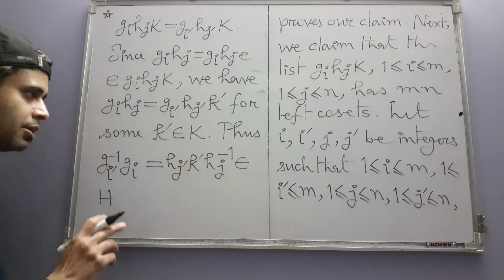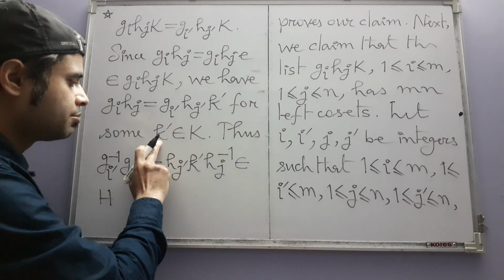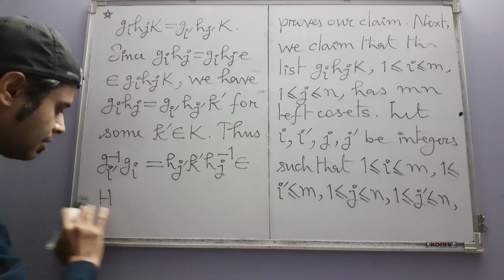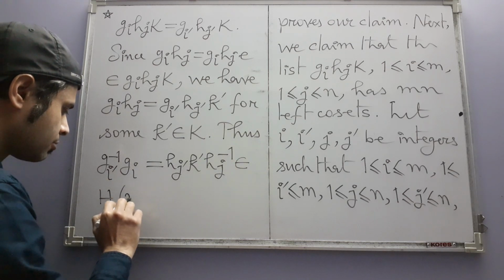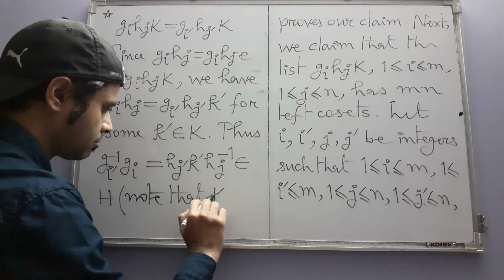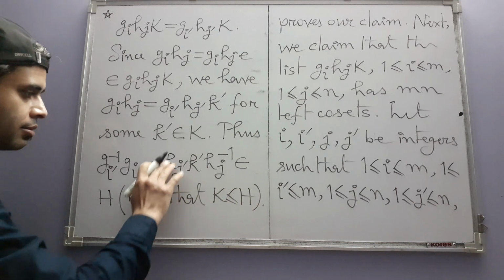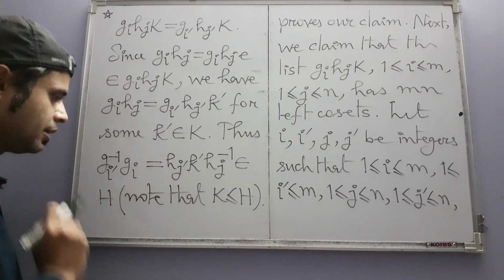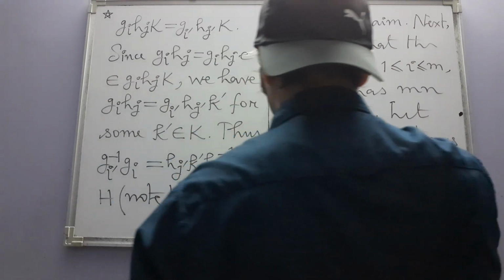K prime belongs to K, but keep in mind that K itself is a subgroup of H. So after all, K prime is also in H. So that's why this element itself belongs to H. In brackets we can write this. Note that K is a subgroup of H. So we recall this, and because of this the right hand side, hence Gi prime inverse Gi belongs to H, and this gives rise to the next equality.